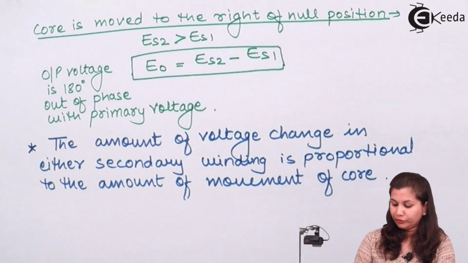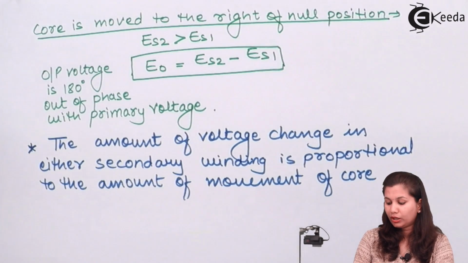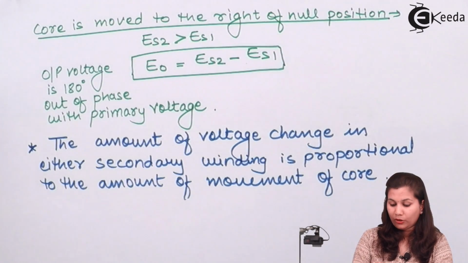Whatever displacement we give the core, that will be reflected in the amount of the voltage change in either of the secondary winding.